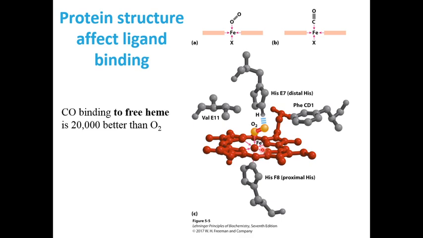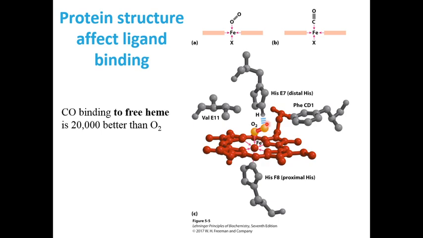Remember, Fe2+ is the oxidation state of iron in heme that is bound to myoglobin. But there is a partial oxidation of iron. As a result, there is a partial negative charge on oxygen.